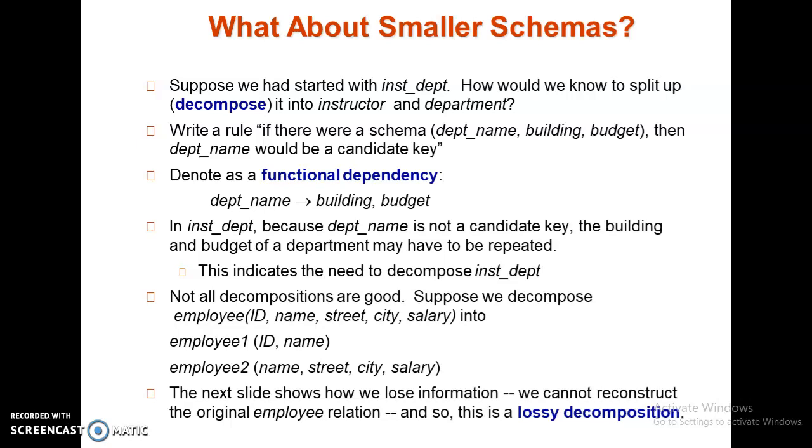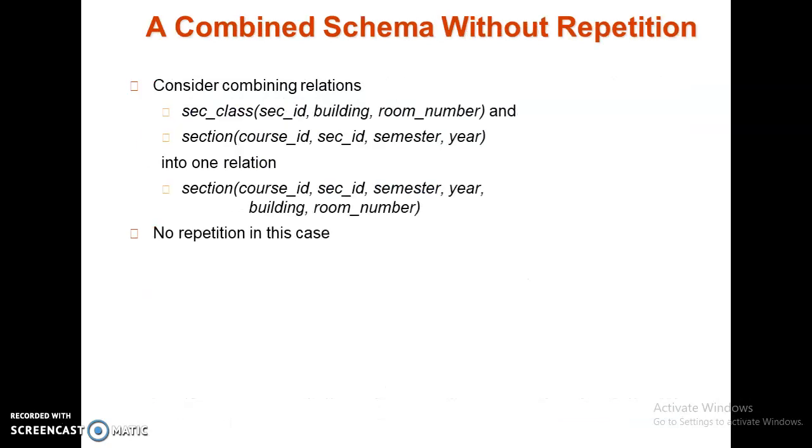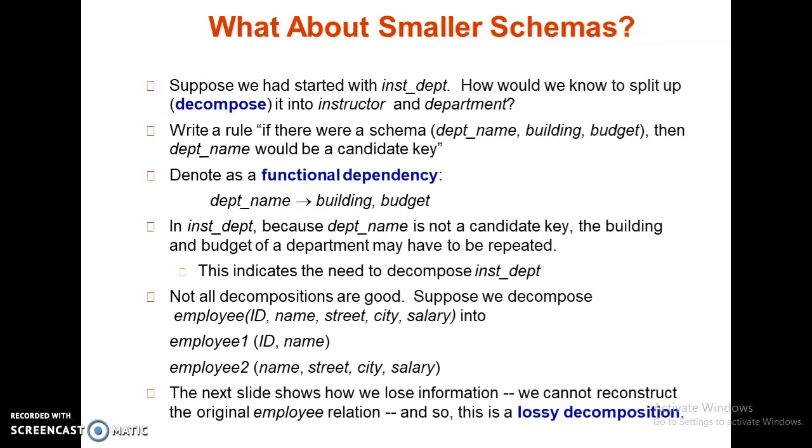This indicates a need to decompose this instructor department into the instructor as well as the department. And that's why we have decomposed instructor department into instructor as one relation and department as the other relation.